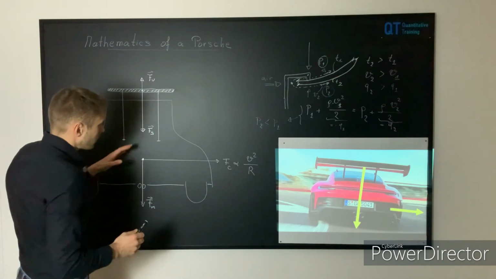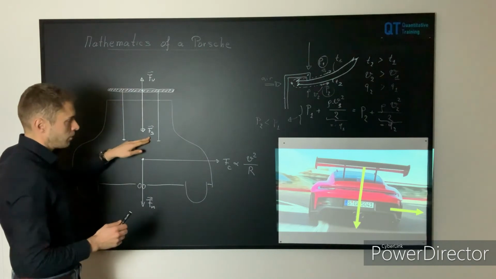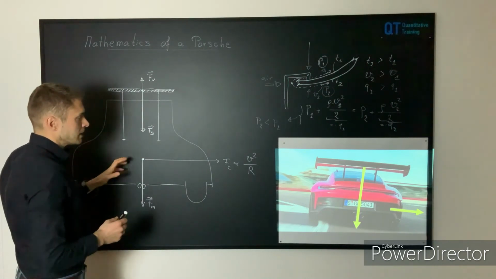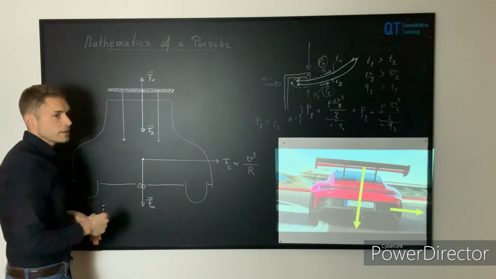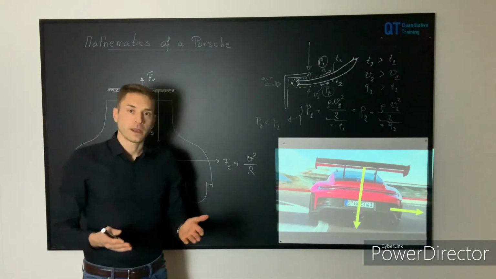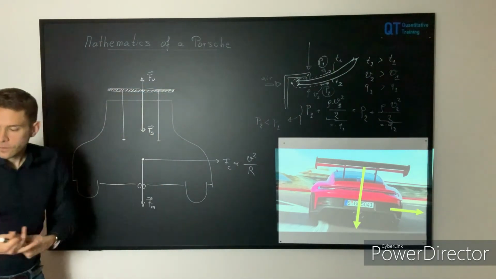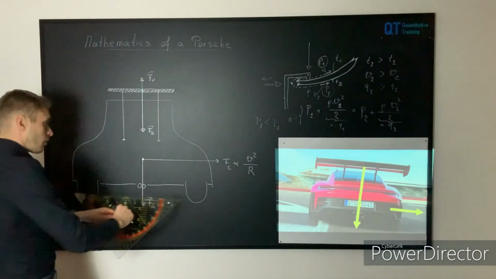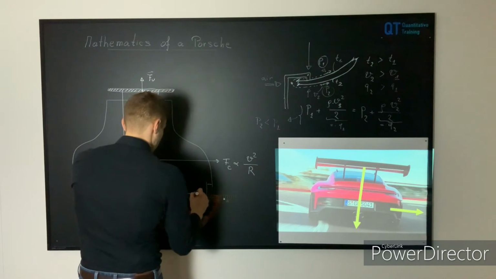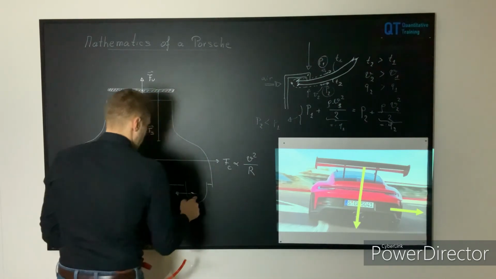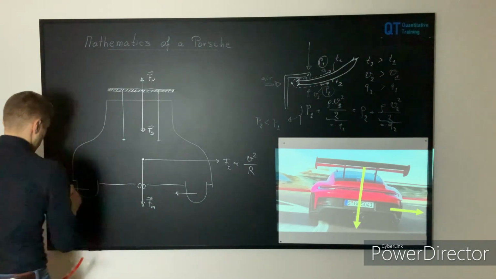So what do we have when we create this downforce, the force of a spoiler? At the level of the tires, there is some additional force pushing the car down and creating some additional rubbing, so some additional friction. This additional friction creates a force going in the other direction, opposite to the centrifugal force, from the center of the wheels.